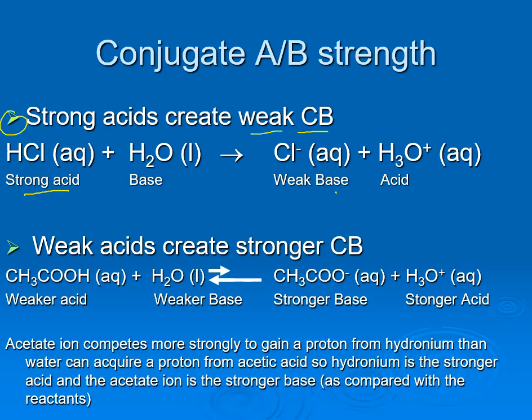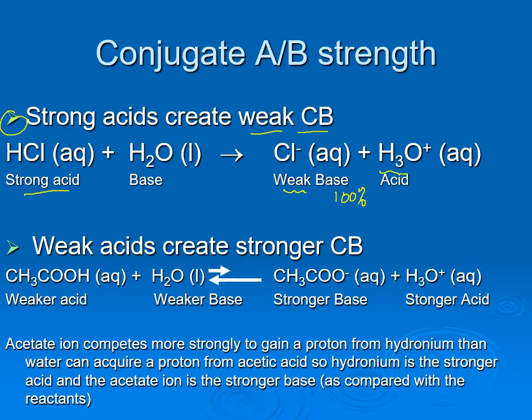Therefore, almost all the products, pretty much 100% of these products, will remain as a chloride ion and a hydronium ion. They do not re-react together, because of the solvated particles of water isolating the chloride, and the fact that the hydronium actually has a much tighter hold on that hydrogen ion than chloride can to pull it back.